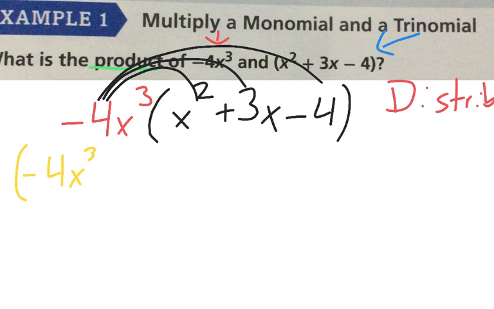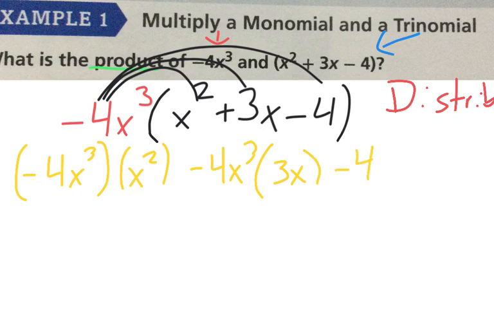But I'm going to multiply negative 4x cubed times x squared. Then I'm going to multiply negative 4x cubed, so the negative 4x to the third is going to be multiplied by 3x. And then I'm going to take the negative 4x to the third, and I'm going to multiply that by the last term, which is negative 4.